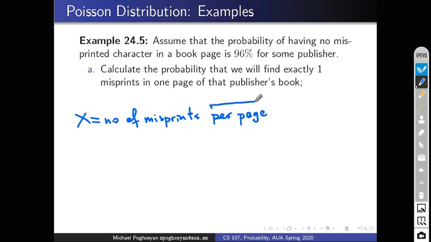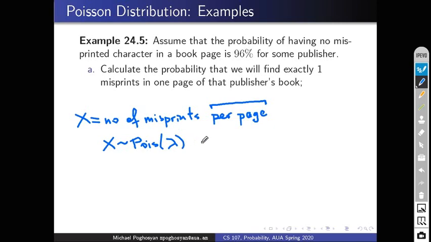This is our unit of measure we were talking about when giving the definition of our Poisson random variable. So X is a random variable, X is Poisson with some lambda. So we assume that the number of misprints is following that Poisson distribution. We have talked about this.